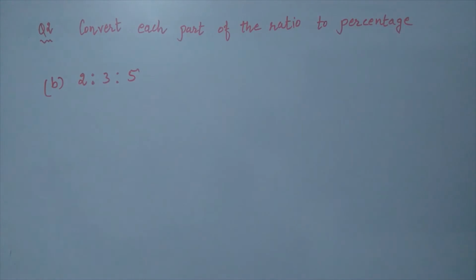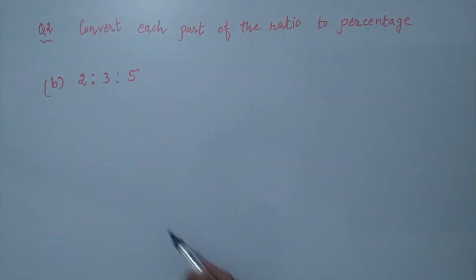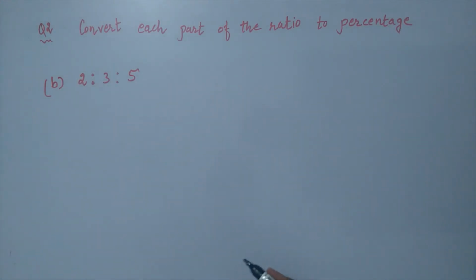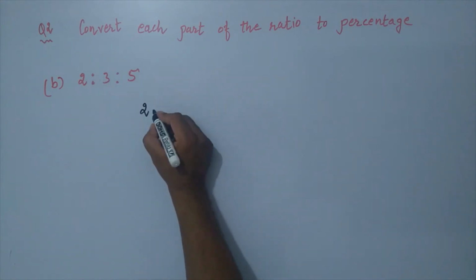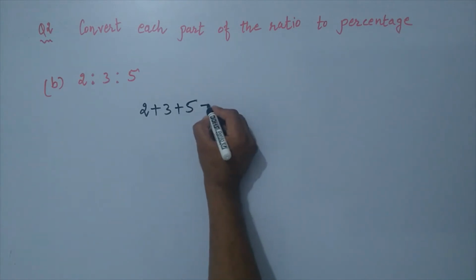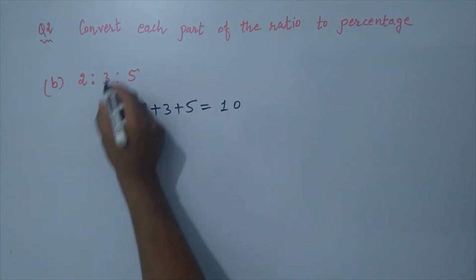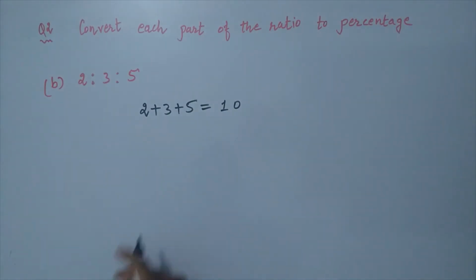Now we have the B part. Convert each part of the ratio to percentage. 2:3:5. So what is the first task? We add all these numbers. 2 plus 3 plus 5 is equal to 10. Now each part is to be converted into percentage.